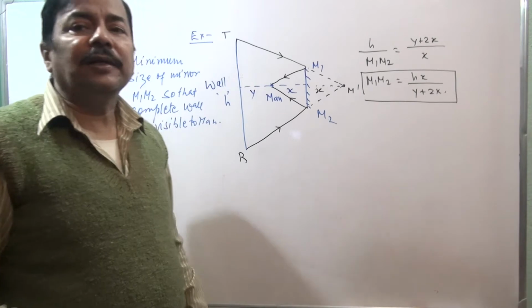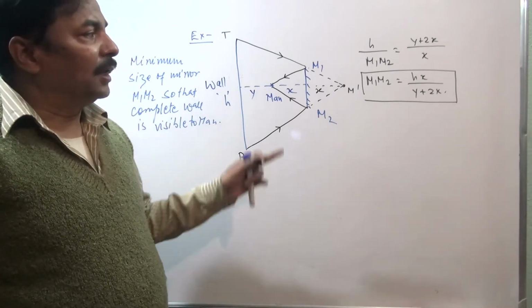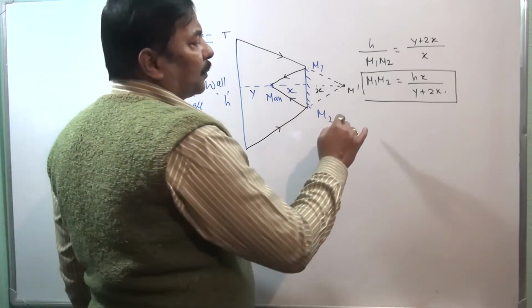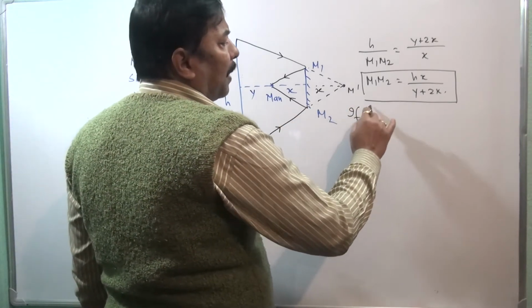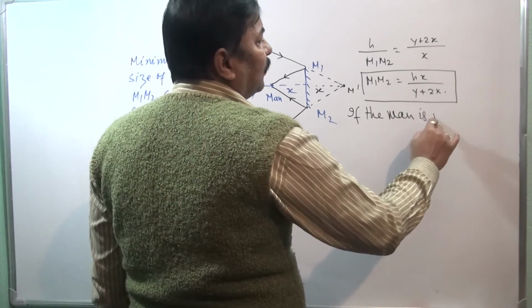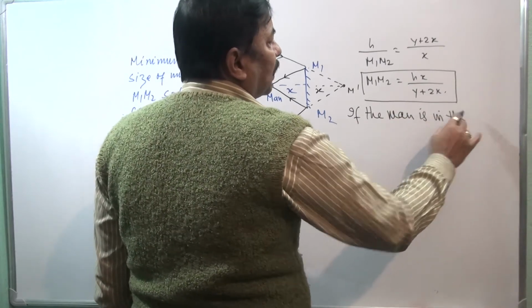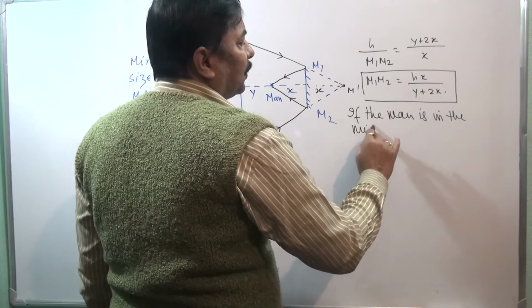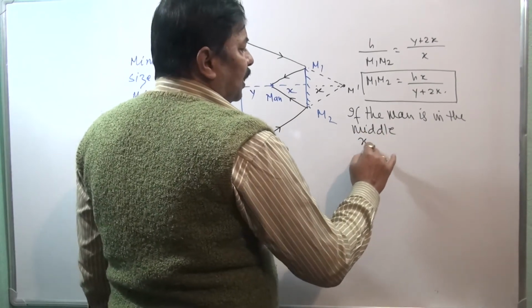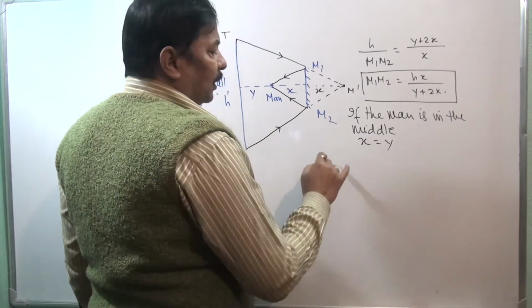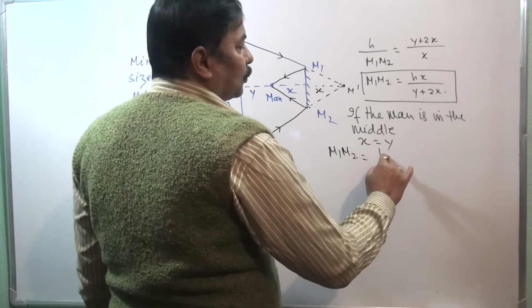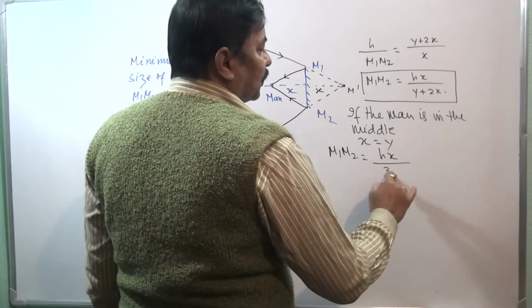Also you can understand in a very comfortable way. Here is one more thing that you should understand: if the man is in the middle, what does it mean? The man is in the middle means x is equal to y, then the minimum size of mirror M1 M2 is equal to hx by 3x.